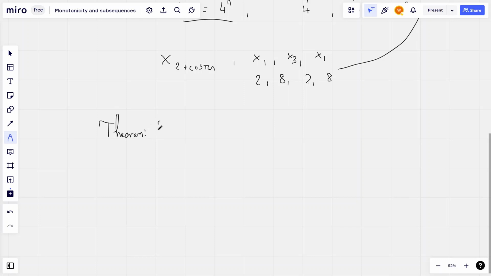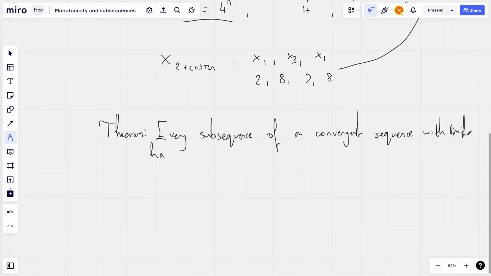The theorem: every subsequence of a convergent sequence with limit x has limit x as well.